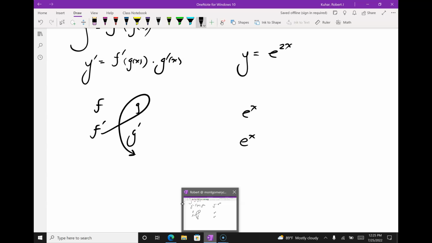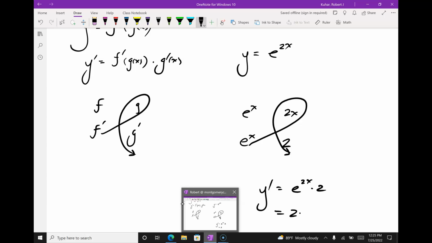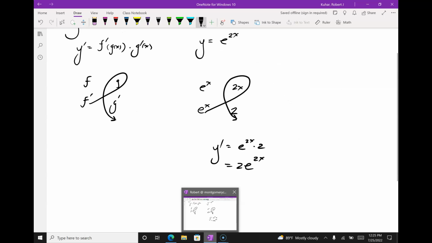What's the inside function? 2x. What's its derivative? 2. So I'm going to use that loop. I have to put that 2x into my derivative function, right? So I have e to the 2x times another 2. Pretty simple, huh?